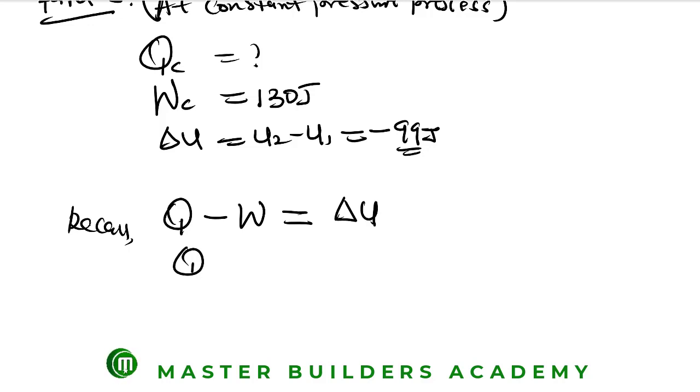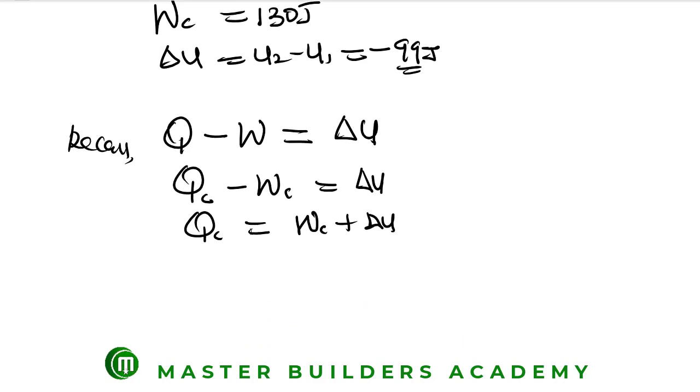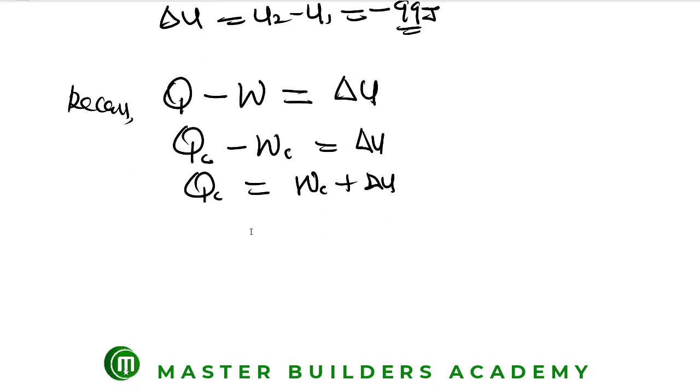If I want to suit this to this particular process, I call this Qc minus Wc equals the change in internal energy. Making Qc the subject of the formula, we have Wc plus the change in internal energy. All we just need to do, guys, is to put in the values and then we are good to go. If we do that, the value of work done here is giving us 130.